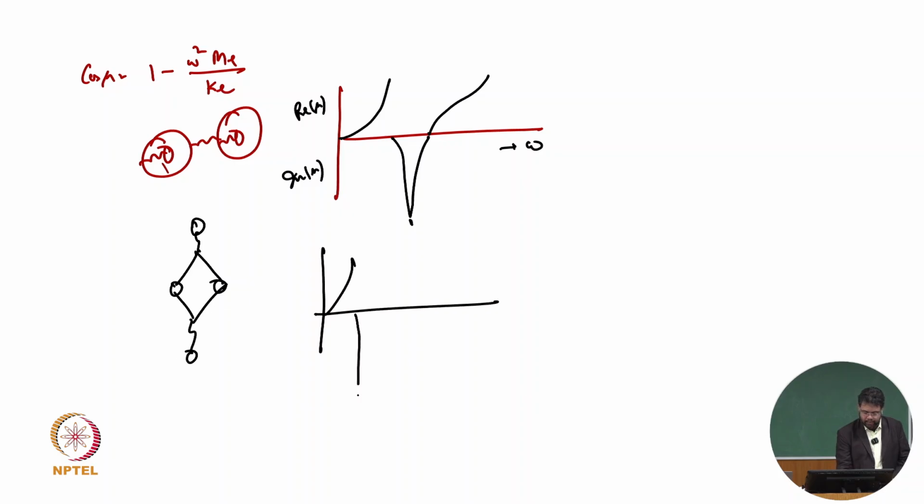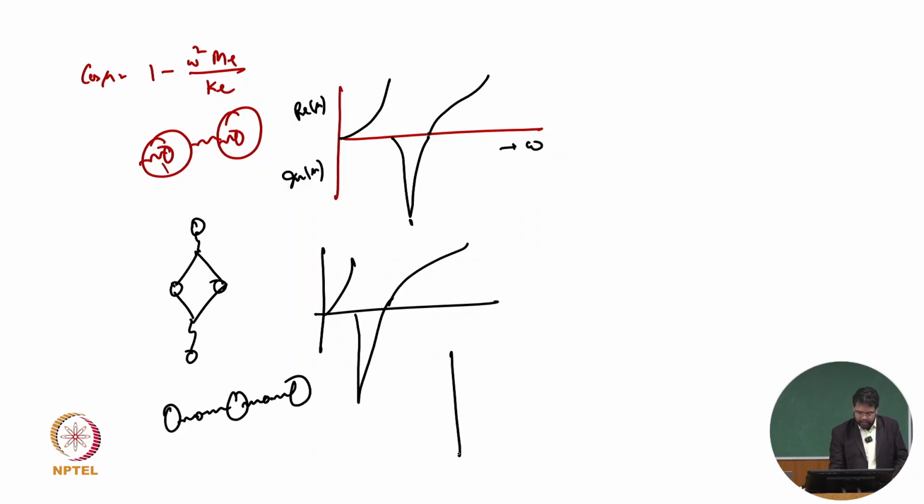We also had a peak, something like that, once we were doing this system. But once we were doing this one, the diatomic chain, that time we do not have this type of peak. That time it was like this.